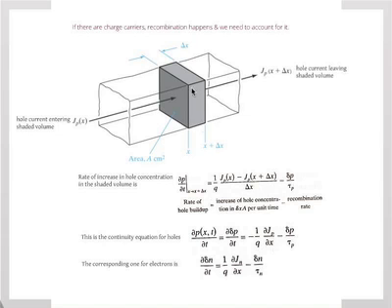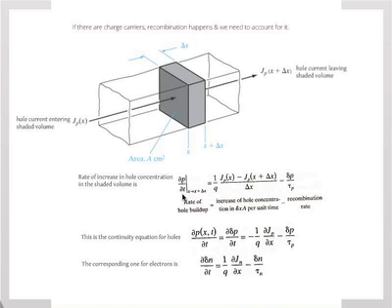Okay? If you look only at the shaded region, the rate of increase in hole concentration is given by the rate at which the holes come in minus the rate at which the holes leave. Pretty simple. So it's Jp(x) minus Jp(x plus delta x), divided by q, because you need the number of carriers, divided by delta x, because you're looking at per unit distance.